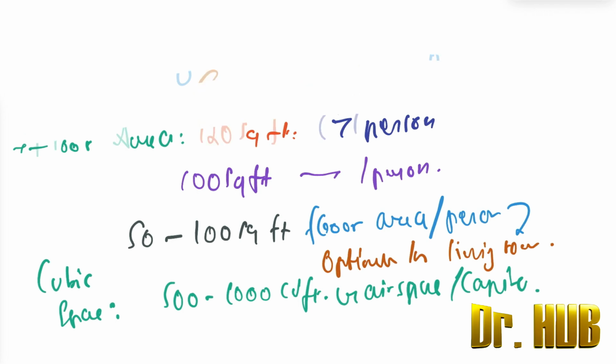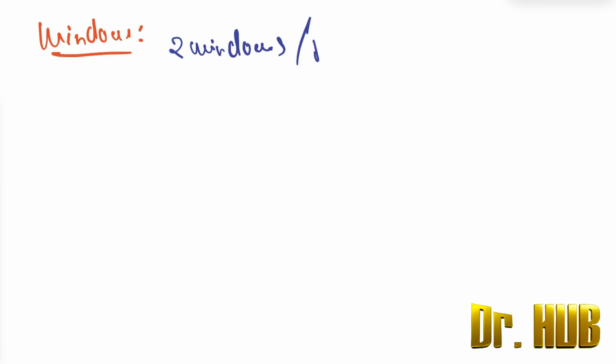Next are the windows. There should be at least 2 windows per room, with one opening into the open space.